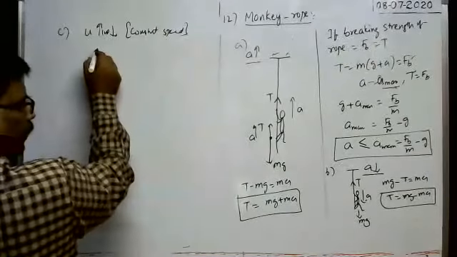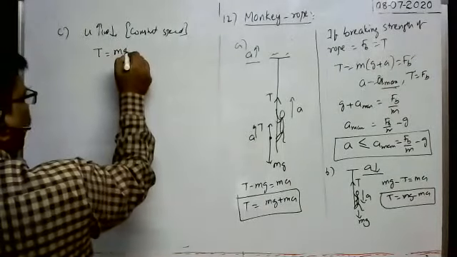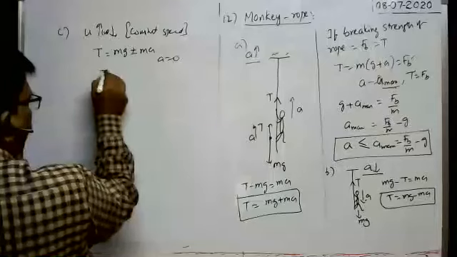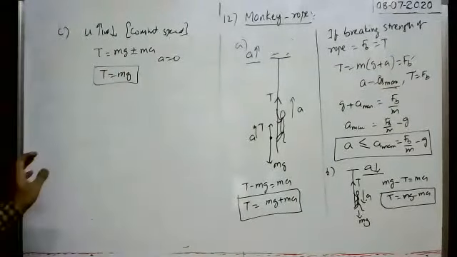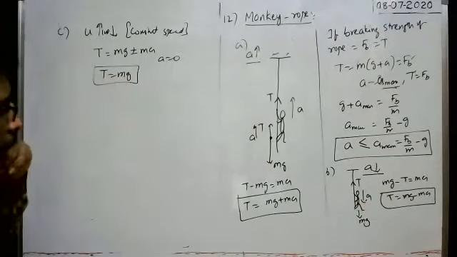In such case tension in the rope T is equal to mg plus or minus ma. A is equal to 0 here, therefore T is equal to mg. So when the monkey climbs up or slides down with constant velocity, the tension of the rope is equal to the weight of the monkey only.